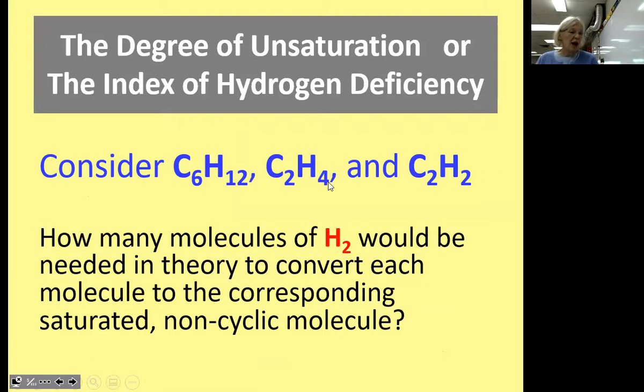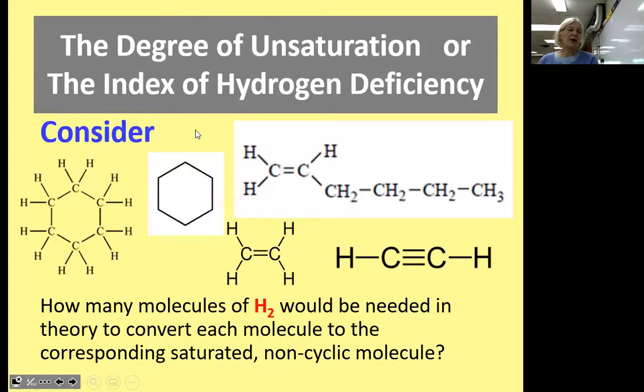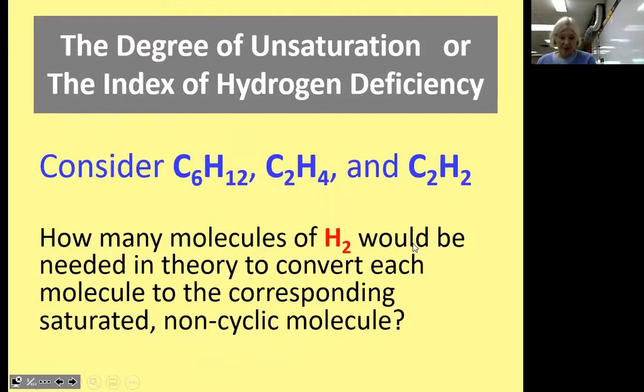I would ask you again, how many H2 molecules in theory would be needed to convert those into saturated non-cyclic molecules? You're going to learn how to determine this index of hydrogen deficiency, both from being given the formula, and you'll be able to determine the index of hydrogen deficiency by being given the structure of these molecules.